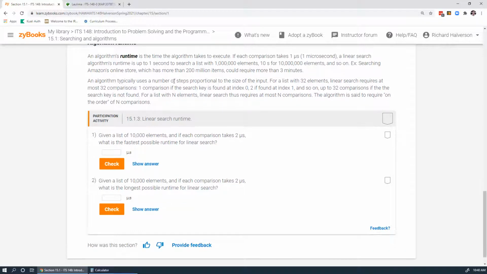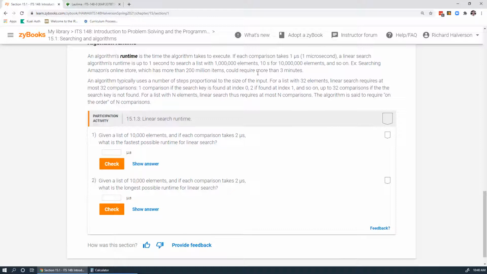An algorithm typically uses a number of steps proportional to the size of the input. The thing you're trying to determine is what that proportion is, and how you express that proportion. For linear search, it's linear.